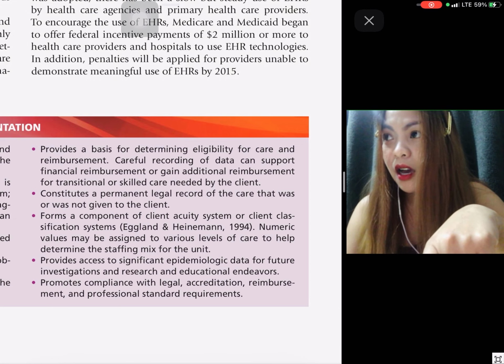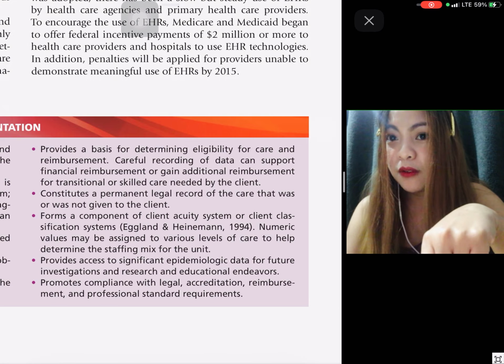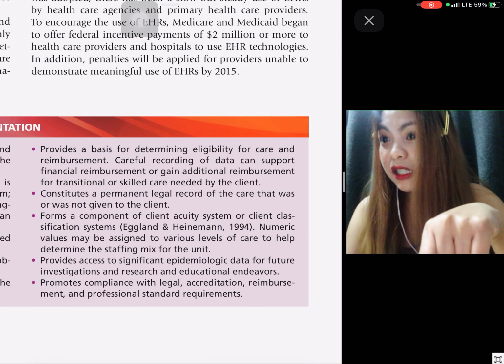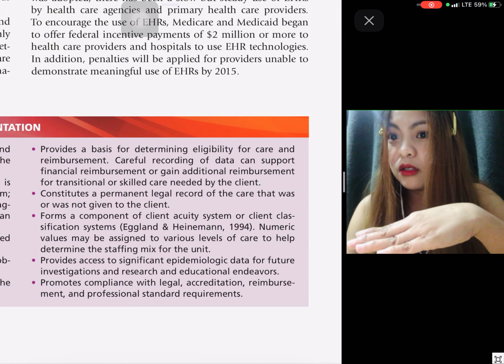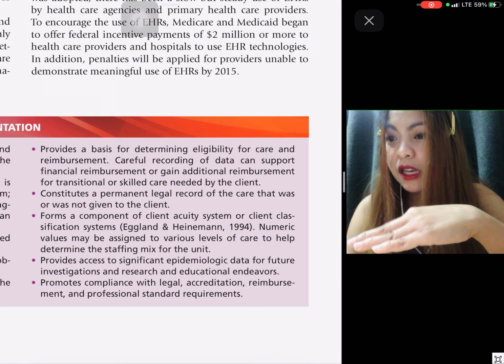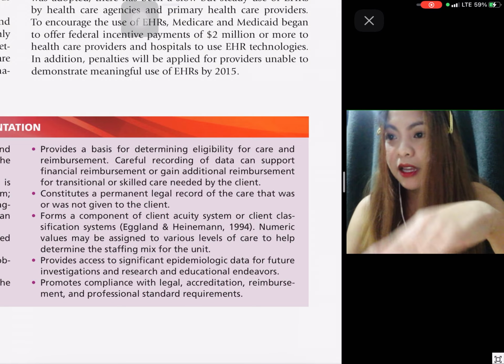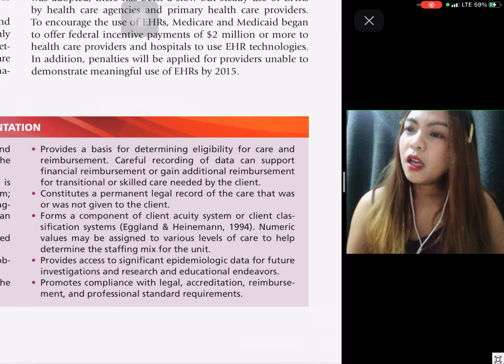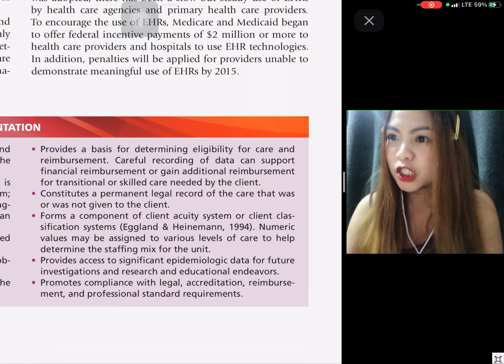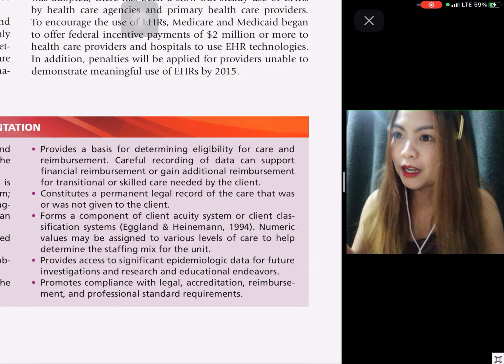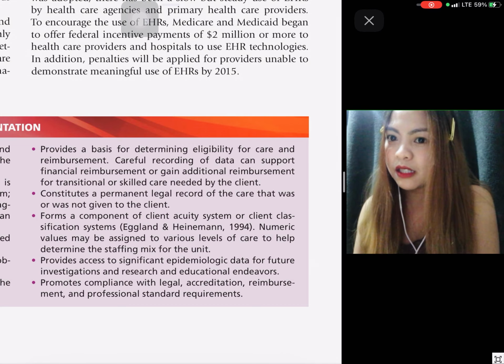Kunyari, pag level 4, syempre, bibigay niya yun sa mga nurses na senior. Pag level 1, level 2, bibigay niya sa mga nurses na junior o mga bago para at least yung level of care balance. Pero hindi lahat ibibigay sa senior. Syempre, i-share naman, i-balance yan. I-mix-mix. May mabigat, may magaan, para hindi lahat ganun yung charge nurse.